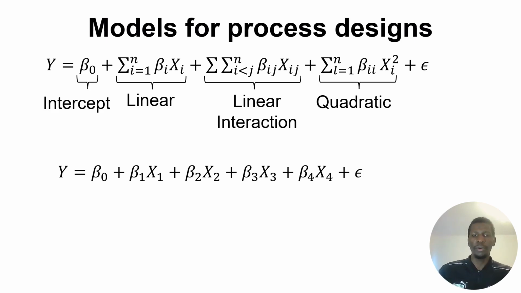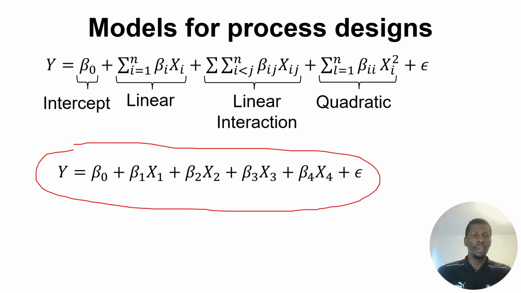For example, let's say this is an expanded linear form of the model where you have beta zero, which is the intercept, and then the linear independent terms, which are the effect of velocity, the effect of temperature, the effect of the food thickness, and then the effect of relative humidity. The linear terms tell us which factor contributes to the response more than which factor.